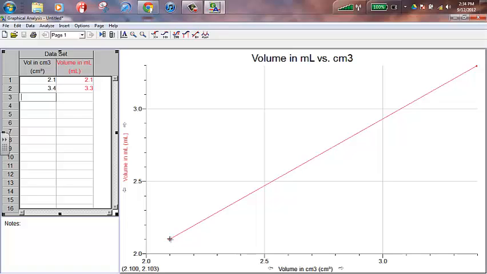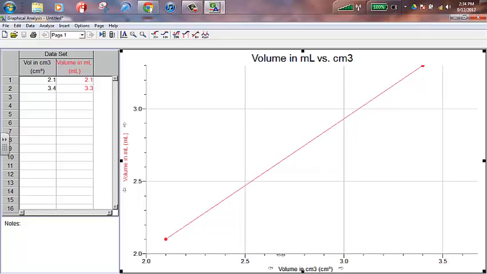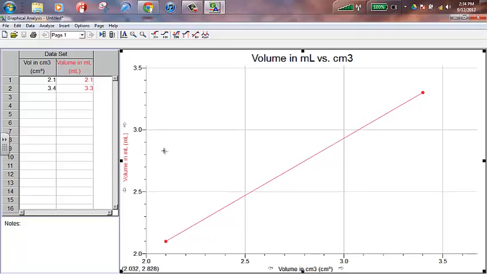So that data point right there is 2.1, comma 2.1. Now I'm going to change the scale of this axis by dragging on the axis here and dragging on the axis here so I can more easily find this data point. And I'm going to move my cross to that data point, and then you'll see down here, when I have the cross in that position, what the data point is.